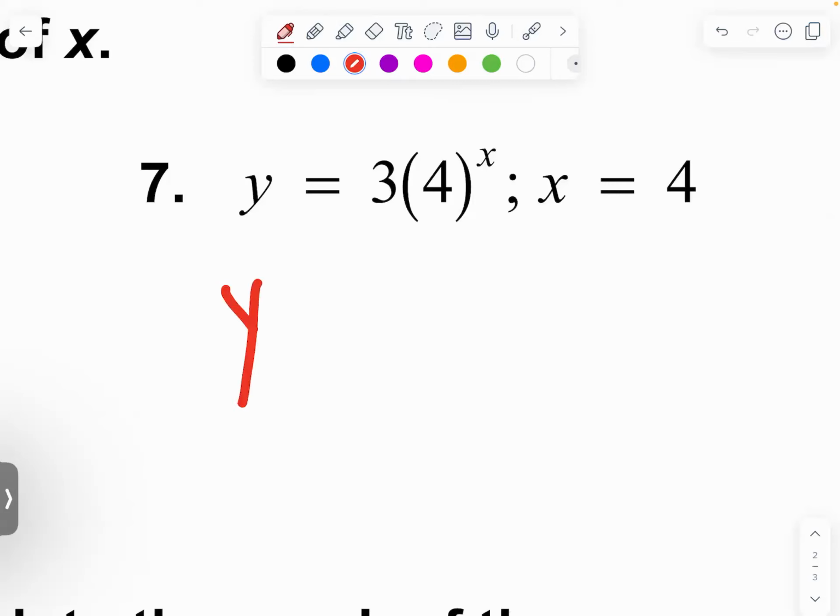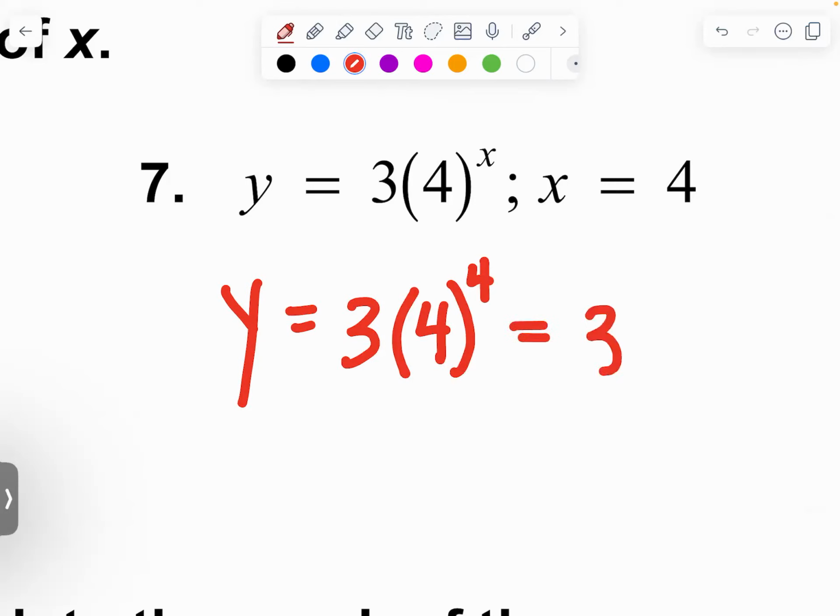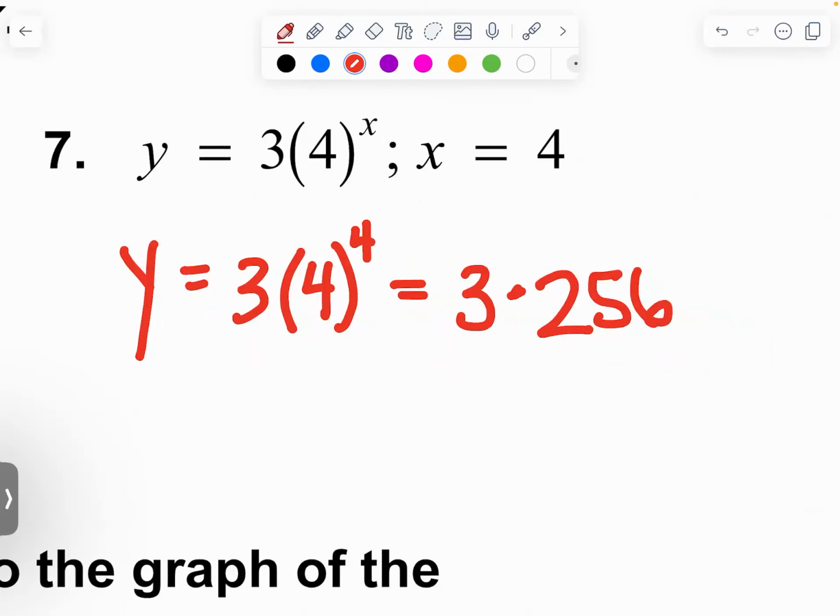Hey, what about this one? We have to do 4 to the 4th first before we can multiply it by 3. Please do the exponents before the multiplication. 768.